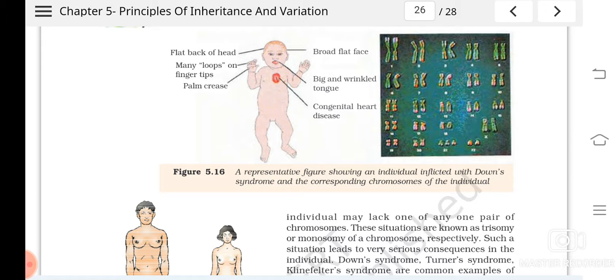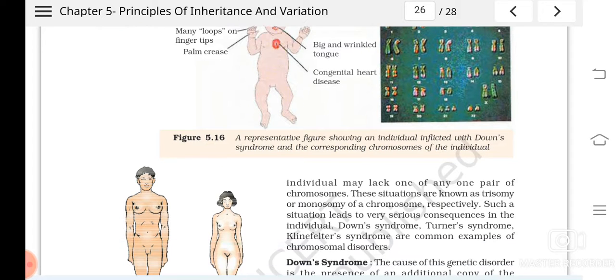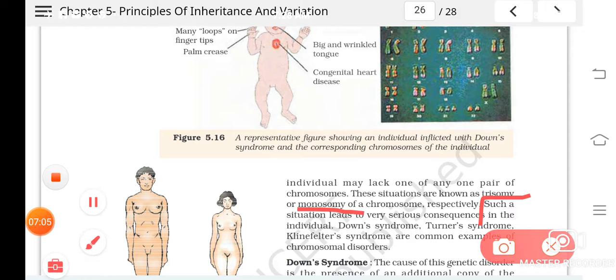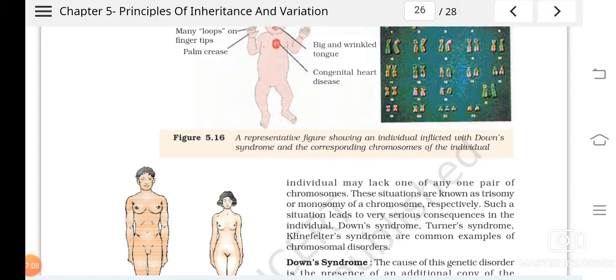For example, 47 chromosomes. And if an individual lacks one of any pair of chromosomes, then it is known as monosomy. So trisomy means extra chromosome, and monosomy means it is lack of one chromosome.